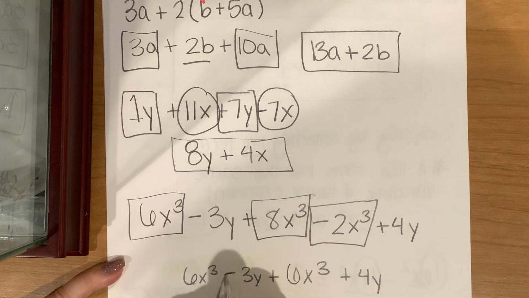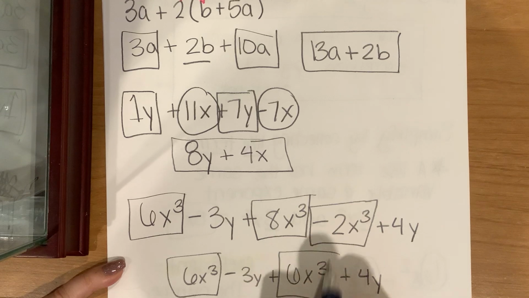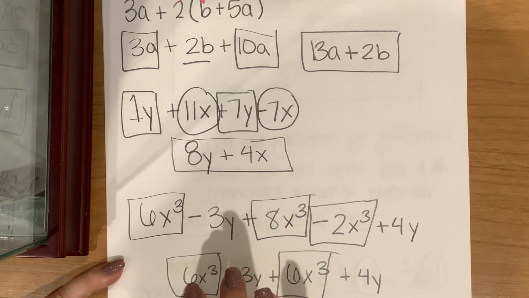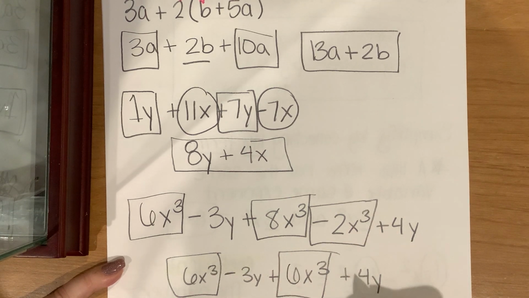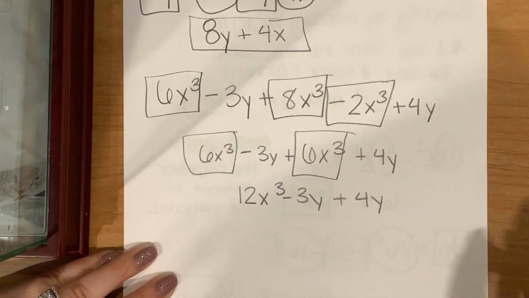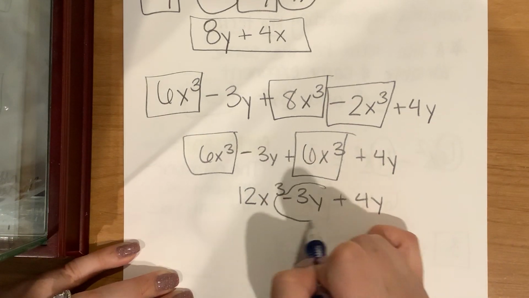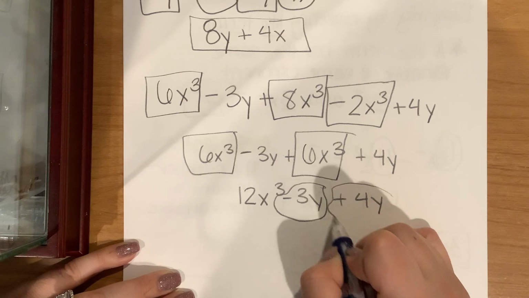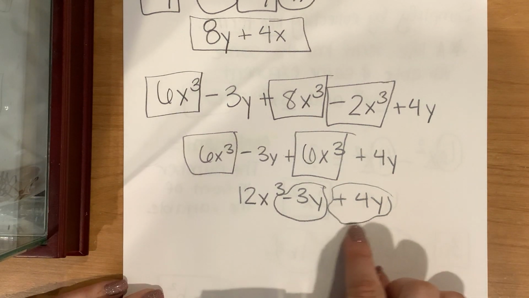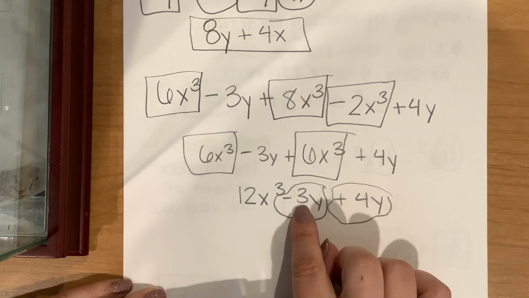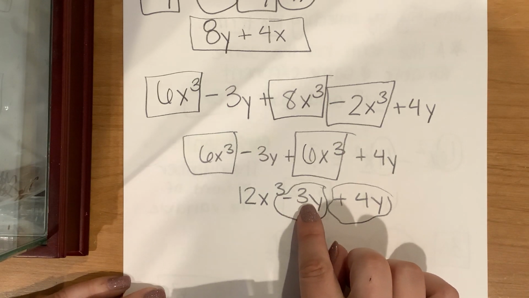Showing my work step by step, I have yet another x cubed to take care of. I've got a positive 6x cubed and another positive 6x cubed. Now I have 12x cubed minus 3y plus 4y. Now moving on to my like terms of the y's. I've got negative 3y and positive 4y. Notice how I have attached the operation to the number to the right of that operation.